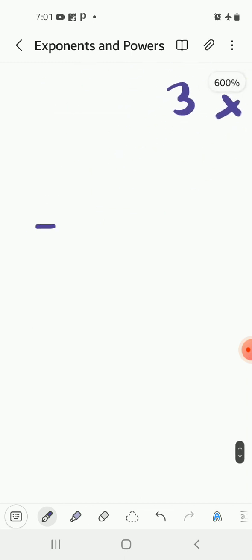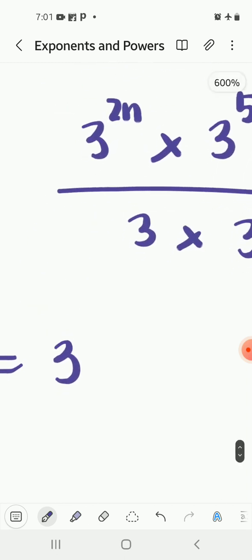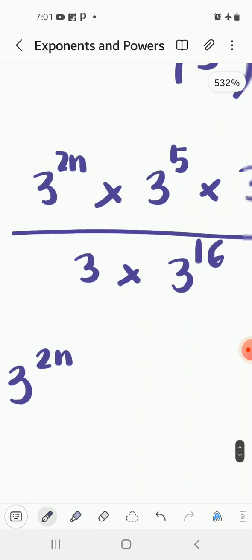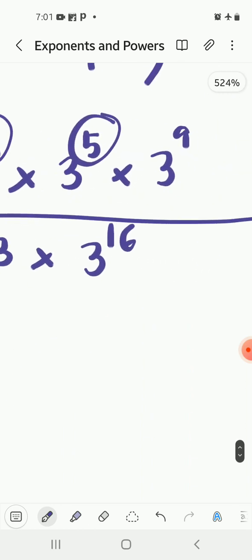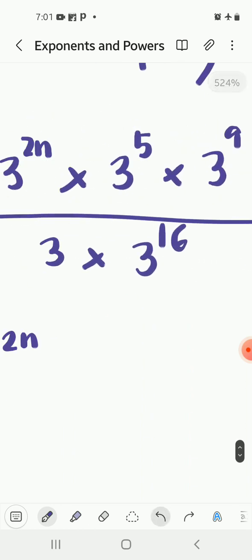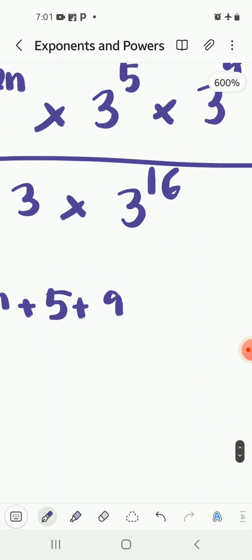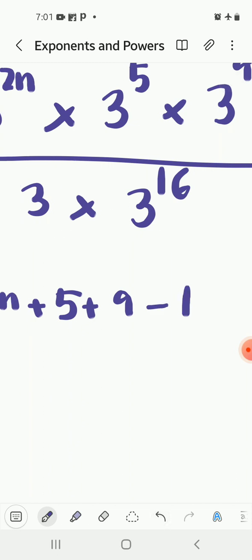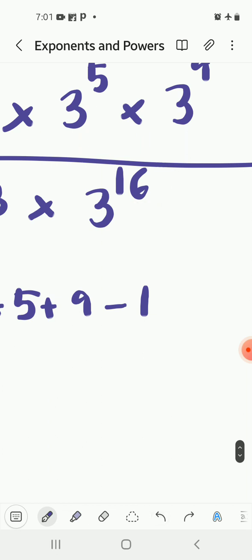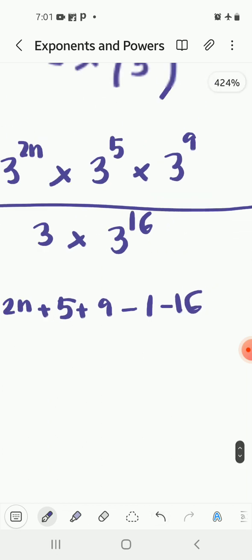Let's write 3. Let's add all the powers that are to be multiplied, that is these powers 2n, 5 and 9. We are going to add this 2n plus 5 plus 9, and we are going to subtract this. Nothing is written here, that means it is to the power 1. So it is to the power minus 1, and this is to the power minus 16 because it is in the denominator, you can see.